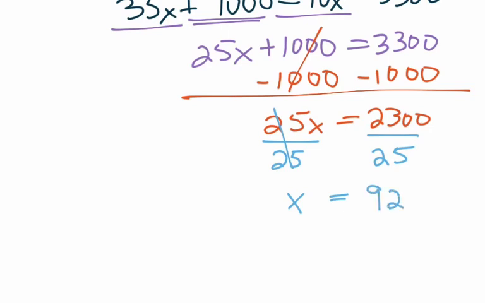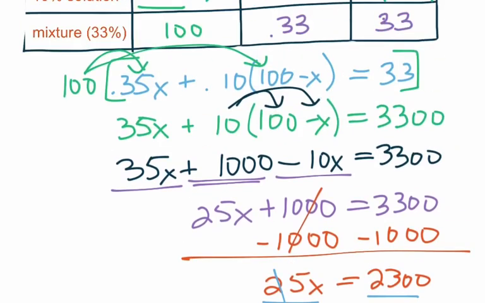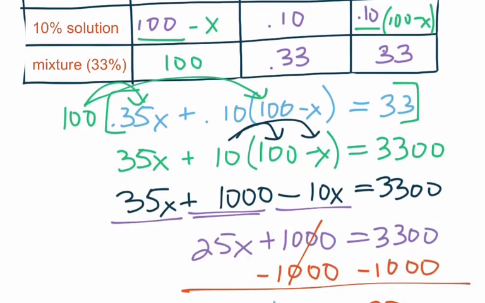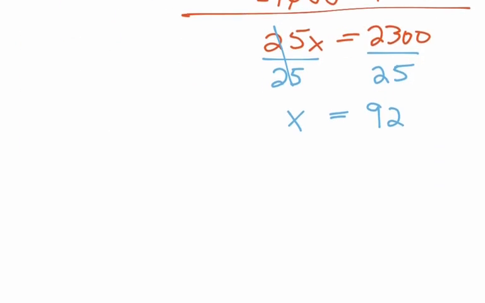So 92 what? Why do we care about what x is? Well, if we go back up to our table, we remember that x is the milliliters of the 35% solution that we have. So that means that the chemist used 92 milliliters of a 35% solution.